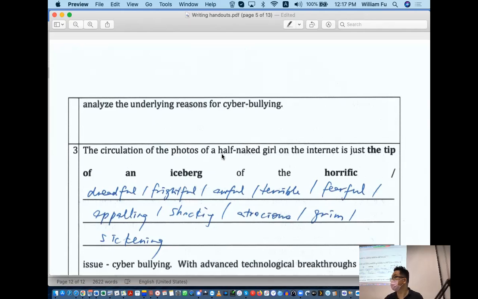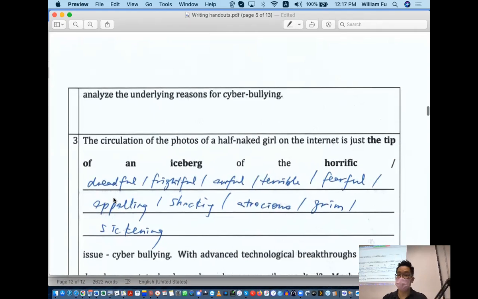That's disgusting. Yes. Okay. And she's called Chen Haomen, and now she's in the States. The circulation of the photo of a half-naked girl on the internet is just the tip of an iceberg of the horrific, okay, or dreadful, frightful, awful, terrible, fearful, appalling.